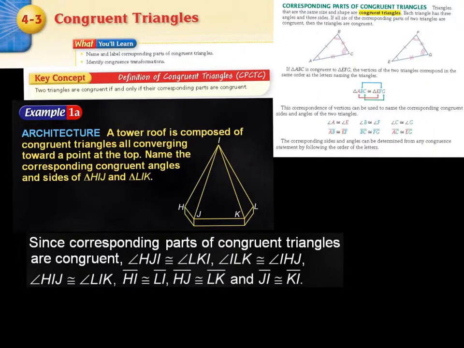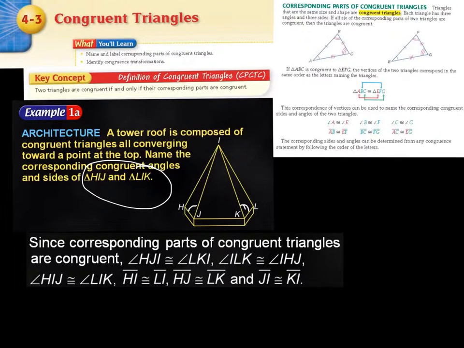They gave us a lot of information in that congruent statement there, so all the corresponding parts have to be congruent. So angle HJI has to be congruent to angle LKI.